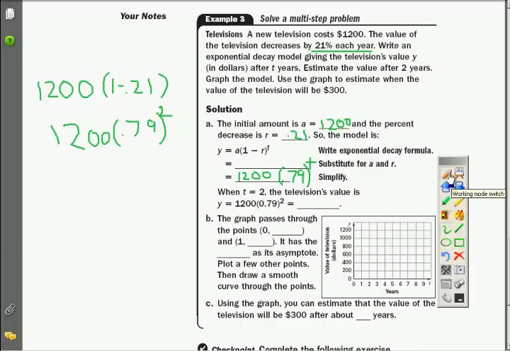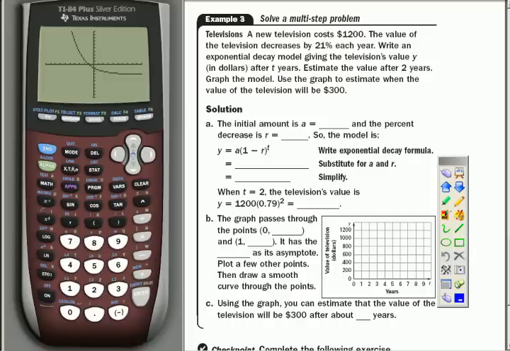I'm going to grab my calculator real quick. I'm going to clear out of this. I'm going to second quit, and I'm going to do 1200 times 0.79 to the second power. Enter, and I get 748. 2 years later, my $1,200 TV is only worth $748.